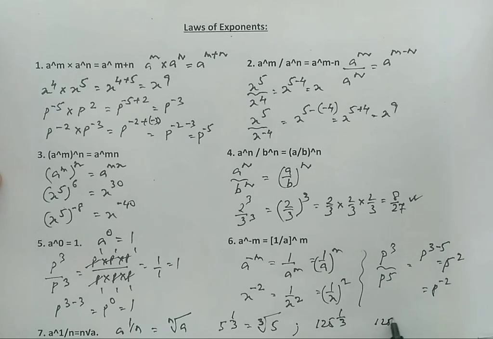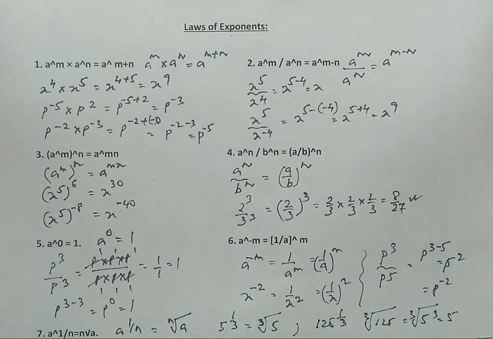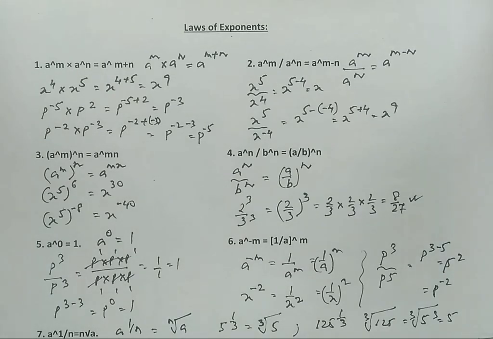Can we write 125 to the power 3, which means what? 5 cube to the power 3. Answer would be 5. Understood? So it's as simple as that. Okay, guys?